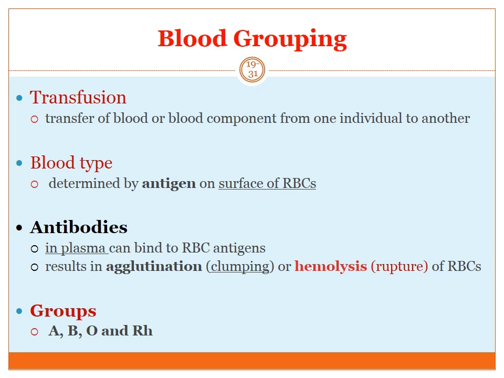We also have antibodies in our plasma that will protect us from blood of a different type than our own. These antibodies will bind to the antigens on the blood type that is not ours, and it'll cause either a clumping of that blood or a destruction of the red blood cells.